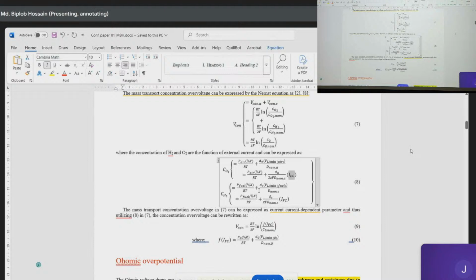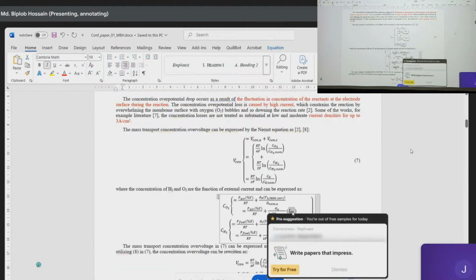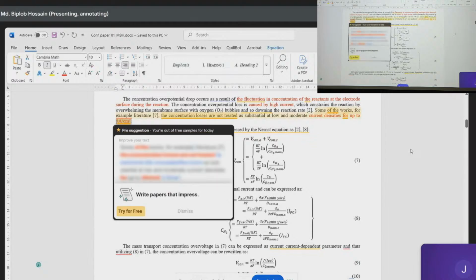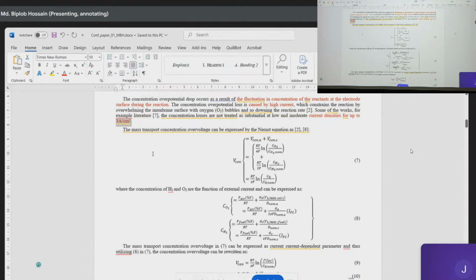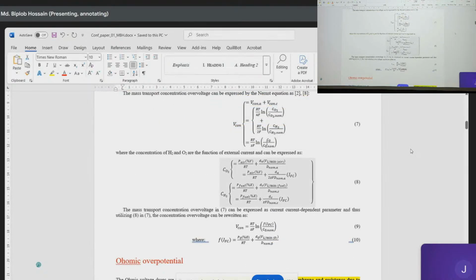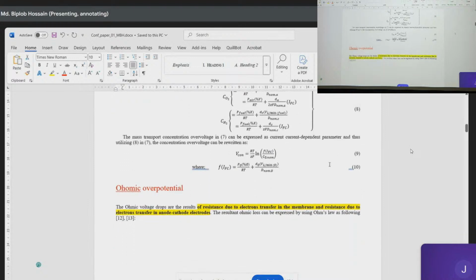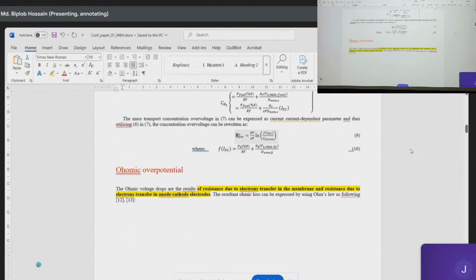So if we relate these two equations, we can say concentration overpotential depends on the current moving towards the external circuit from the fuel cell. If the current density is within this range, that means 3 ampere per centimeter square, then we can use these equations, and after that we can ignore this value. So here we can write these equations for the concentration overpotential in short form.